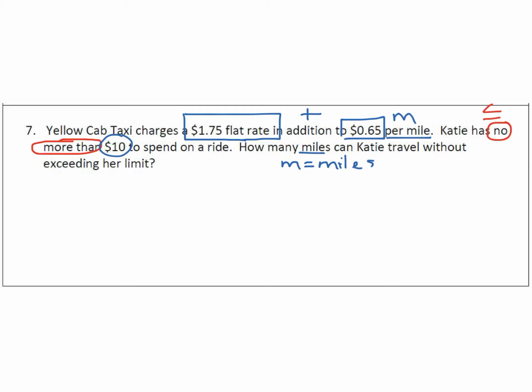So let's bring down our equation. 1.75 plus 0.65 miles is less than or equal to $10. Pause the video and try to go through and solve this on your own, and let's see if we can come up with the same solution.